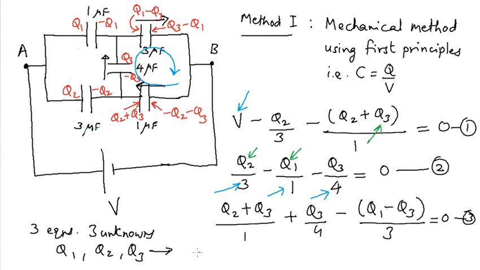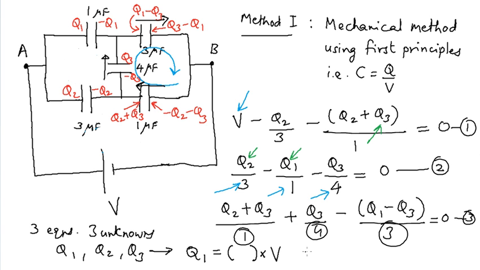And clearly if you apply a bit of dimensional analysis, then you will realize that when we evaluate each of these unknowns, for example Q1, you are going to get some capacitance in microfarads, because all of these numbers 1, 4 and 3 and so on are in microfarads, and this is going to be multiplied by V, which is in volts.